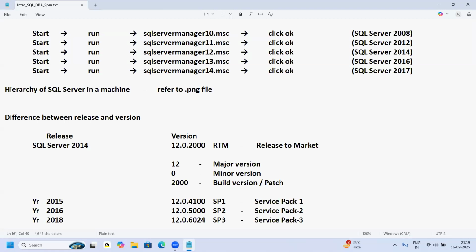Even though they were releasing new versions of SQL Server, meanwhile they were even rectifying the issues of the older version also. Because the new has come, they cannot ignore the old version. They have to work on that as well.